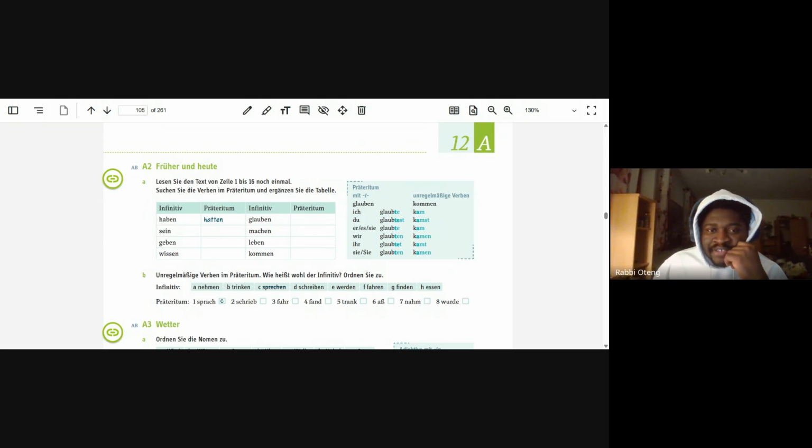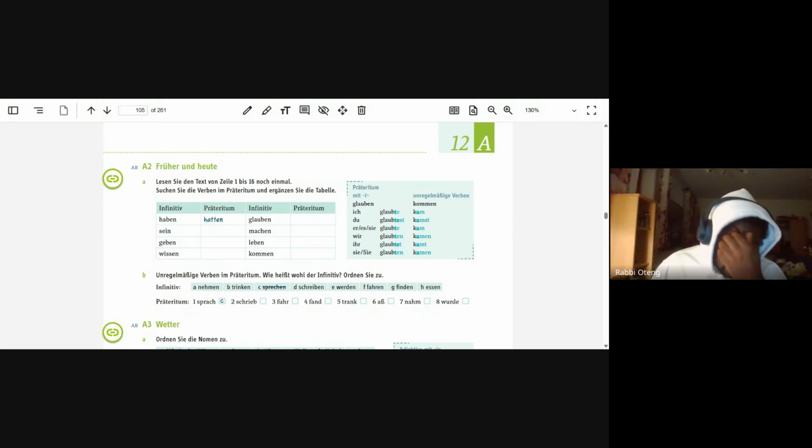For example, schreiben. To say "you wrote" will be schrieb. So the ei in the infinitive form switches to ie to form the Präteritum. To say "we wrote a letter yesterday": wir schrieben gestern einen Brief.